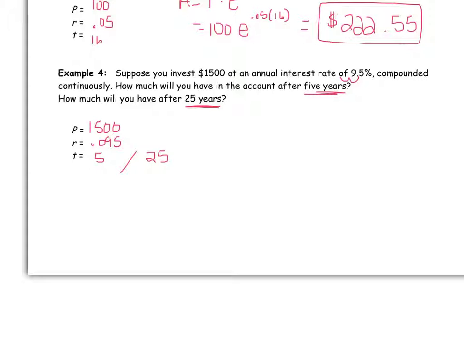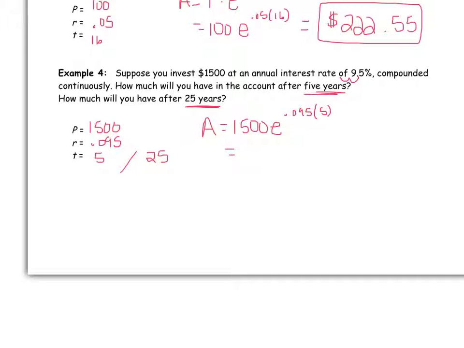So here's what we have. We have A equals P, which is 1,500, times e to the r, which is 0.095, and in our first example the t is 5, and so we're going to type this into the calculator.